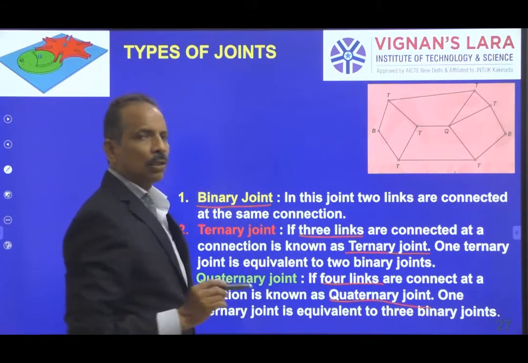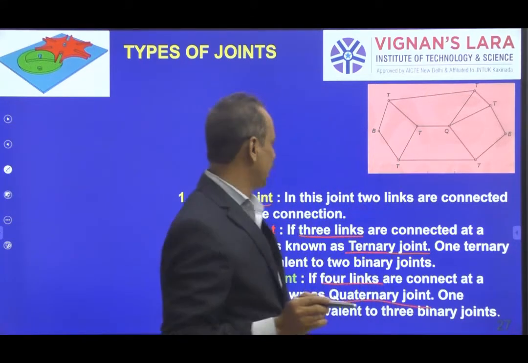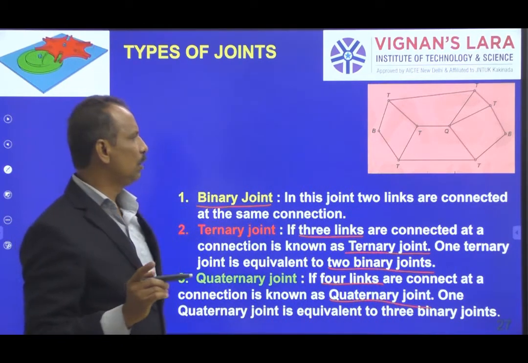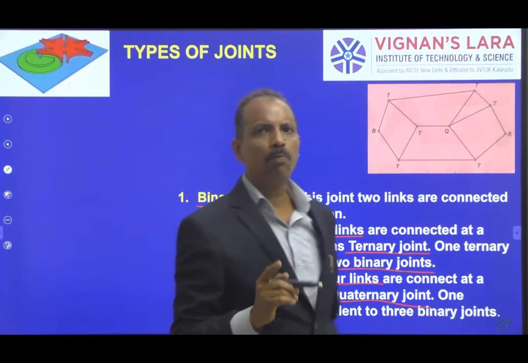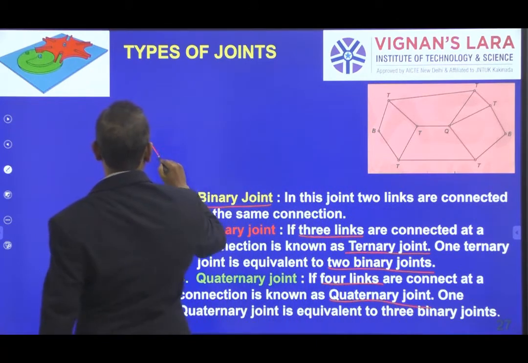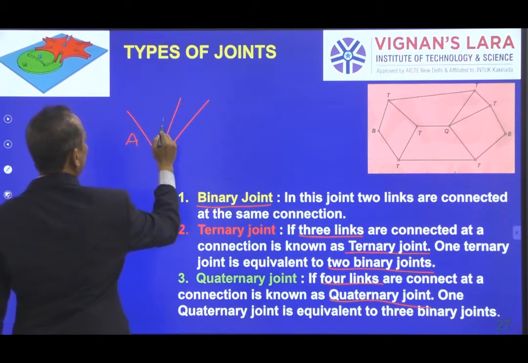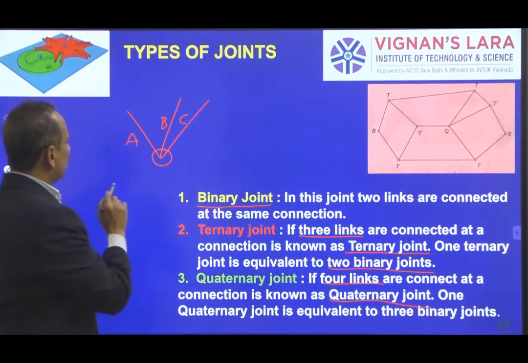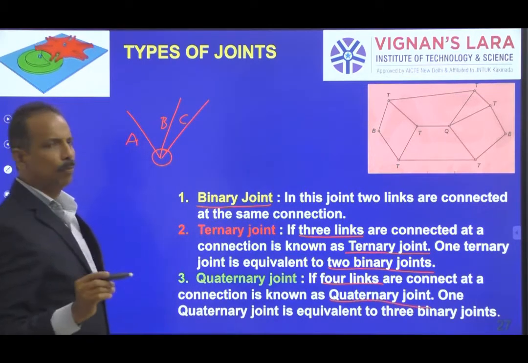One ternary joint is equivalent to 2 binary joints. How? You can consider A, B, C, all connected at one location. This joint, which we call a ternary joint, is equivalent to two binary joints.